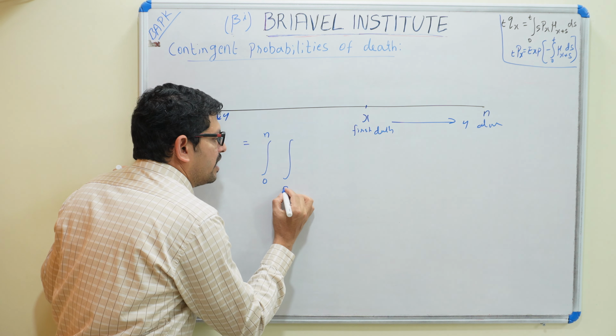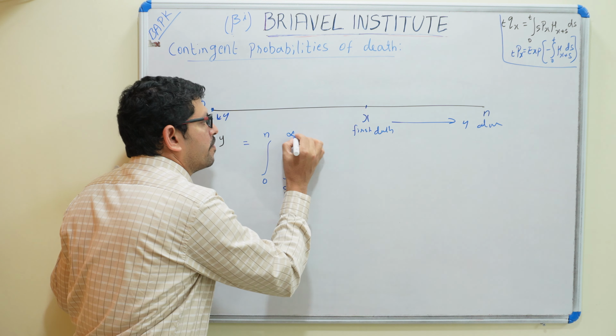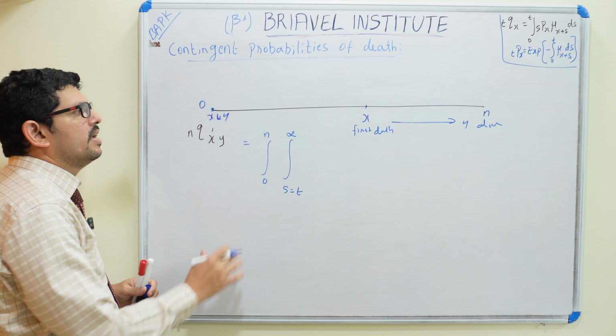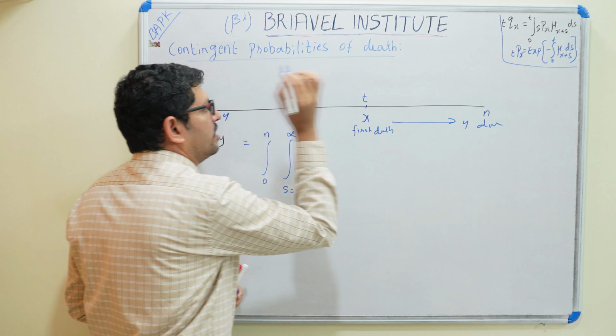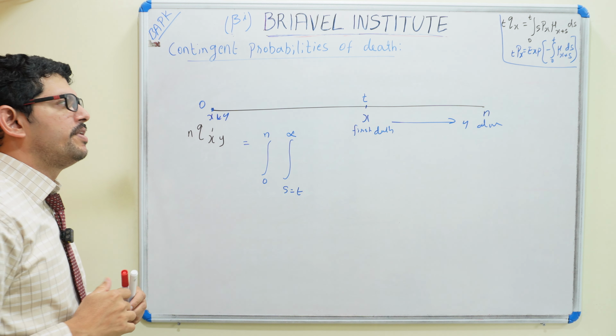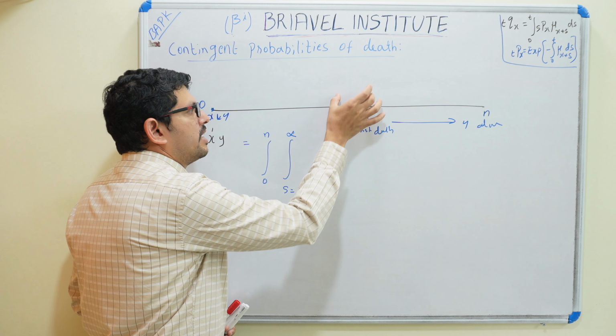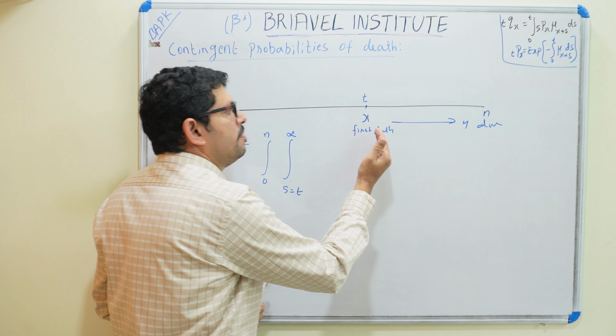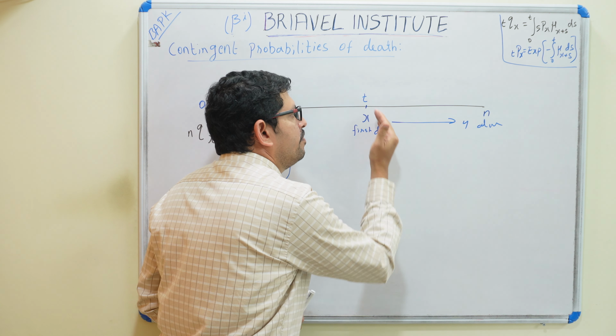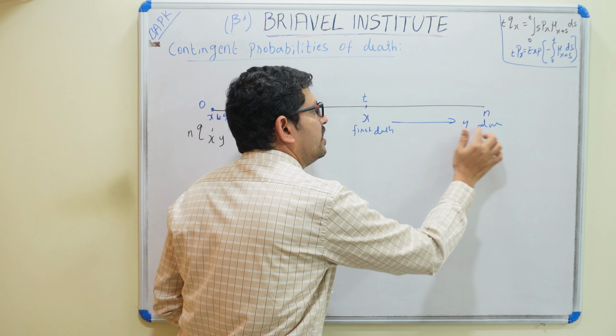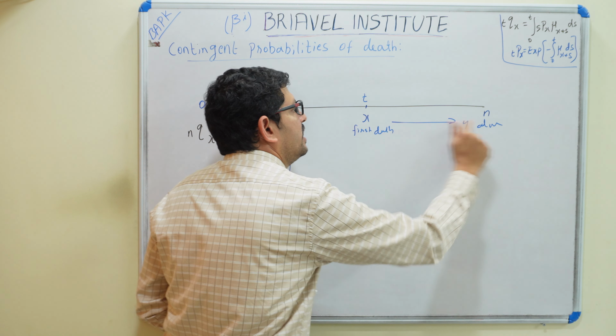Y will be s equal to t to infinity. We are saying that x dies at the time t, and y will be, what will happen for y, y will die after the time t, because y is alive.